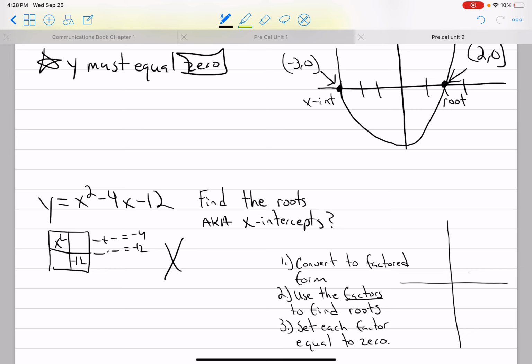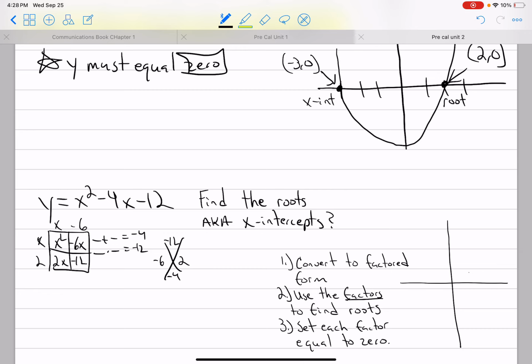If this thing's going to add to -4, multiply to -12, what is that? 6 times 2? 6, 2. We need this 6 to be negative. So we have minus 6x and 2x.